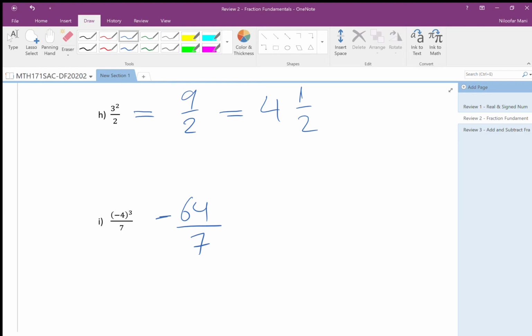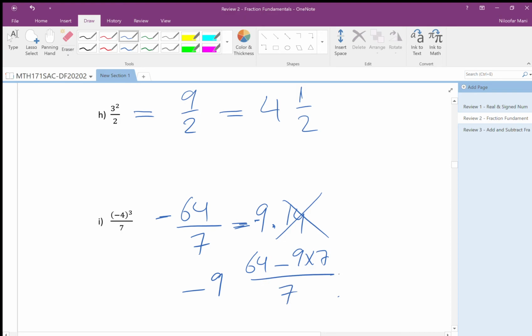How many is left? Okay, what is the answer? 9. And how many is left? So it's 9.14. So I forget that part. So I say minus 9, 64 minus 9 times 7 divided by 7, which is minus 9. 9 times 7, 63.